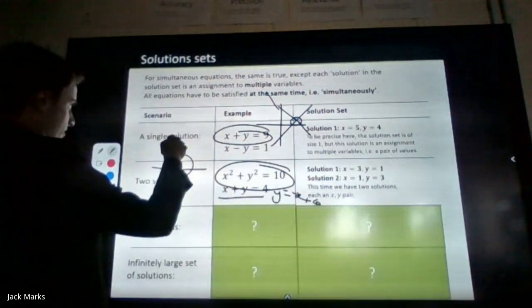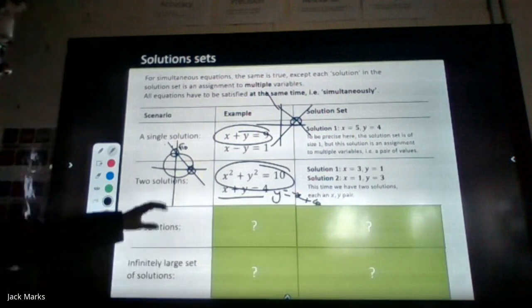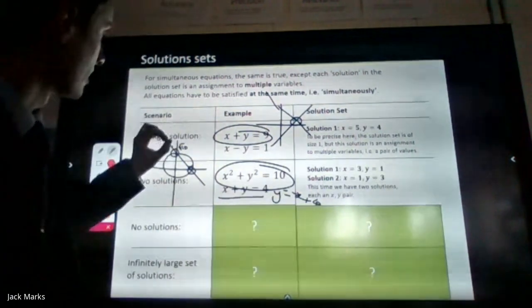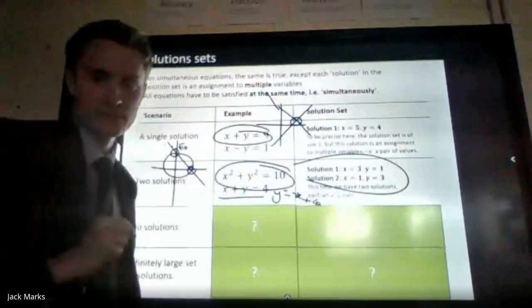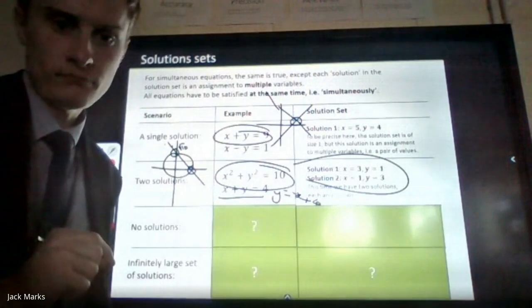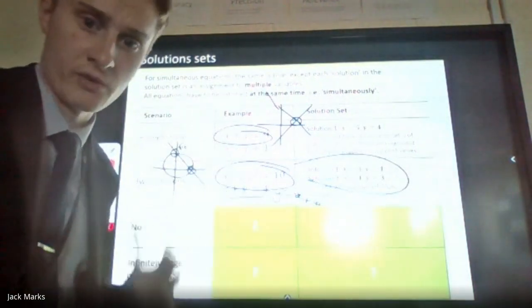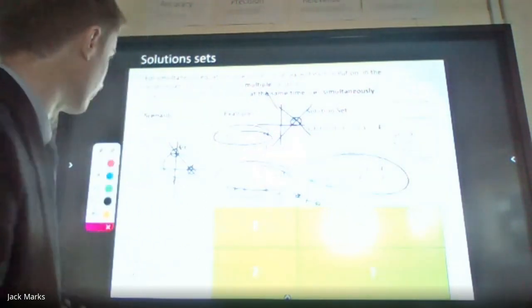So it's going to look something like that. And you might end up with, they won't be quite so close to the axes as that, but you might end up with a solution here and a solution here. And in fact, that's what happens. Okay, and we could find out that algebraically, or if we drew it accurately, we could read it off as well. We tend to go down the algebraic route though for A-level.